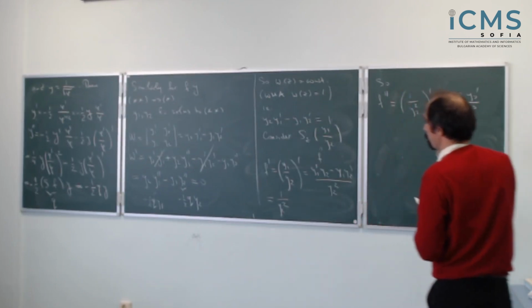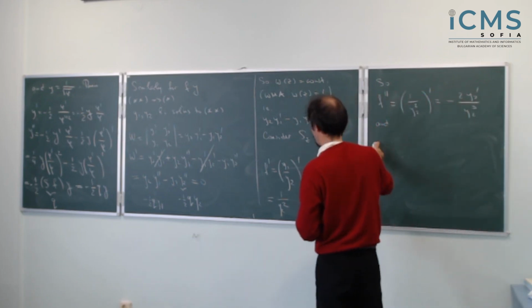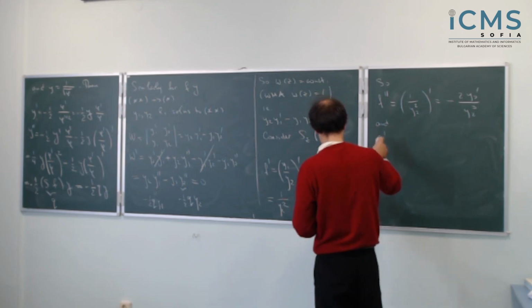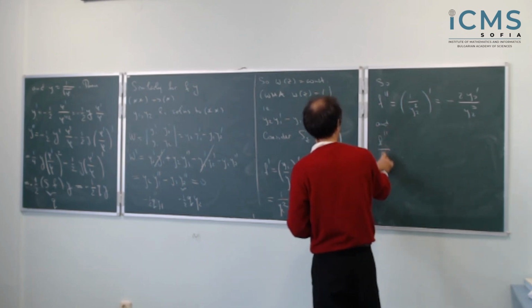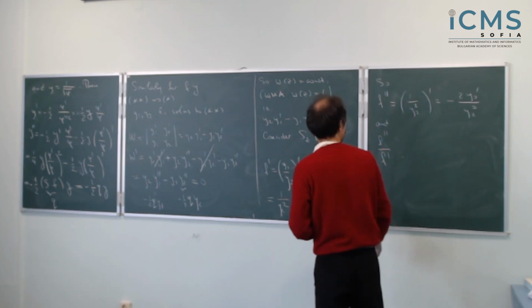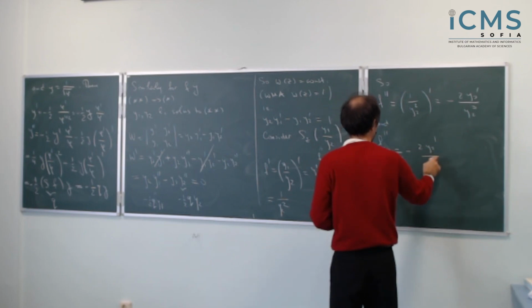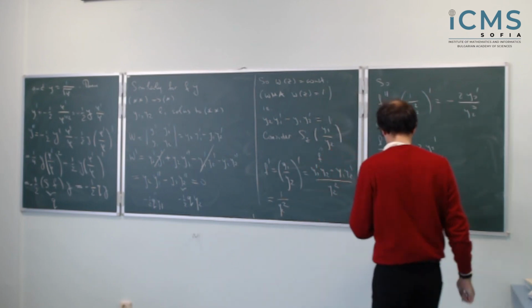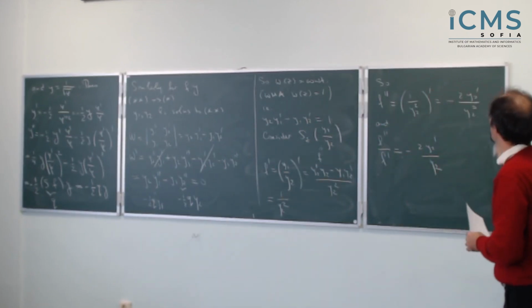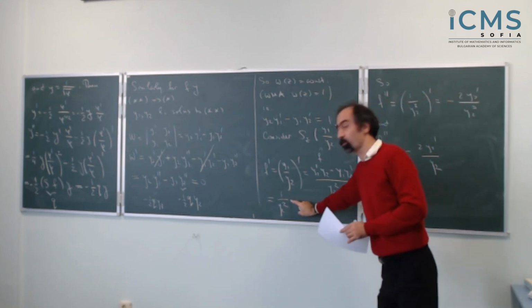So what happens with the Schwarzian? So we need f double prime over f prime. So this is just going to be minus 2 y2 prime over y2, right? The y2 cubed is cancelling with y2 squared.